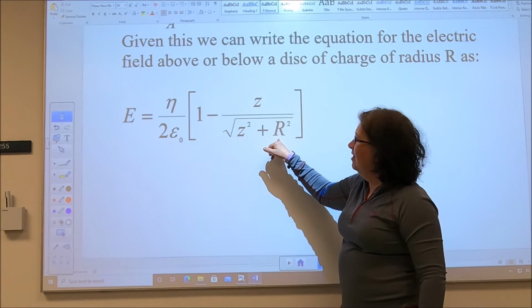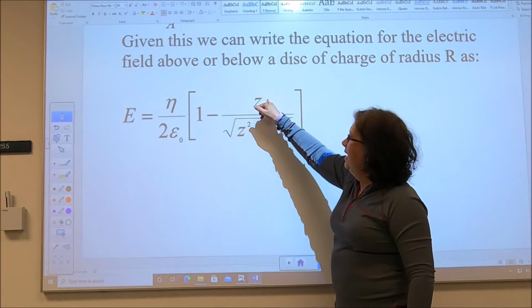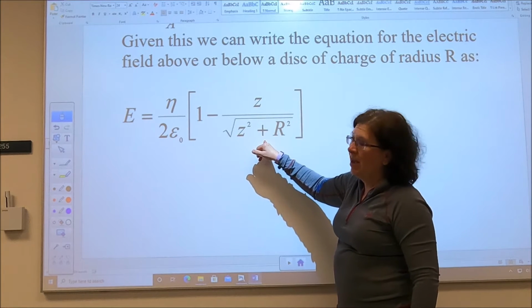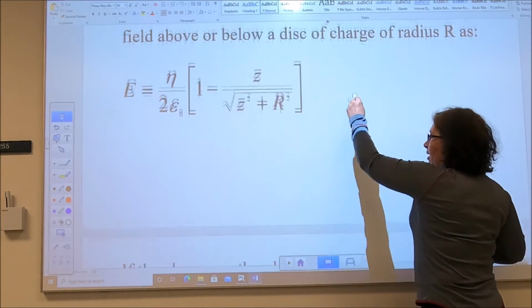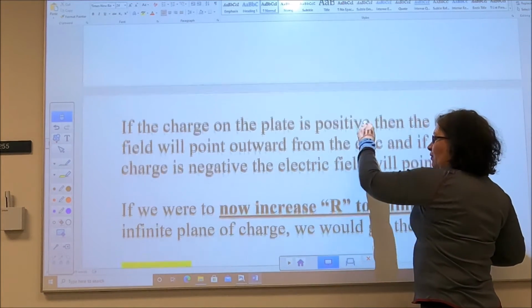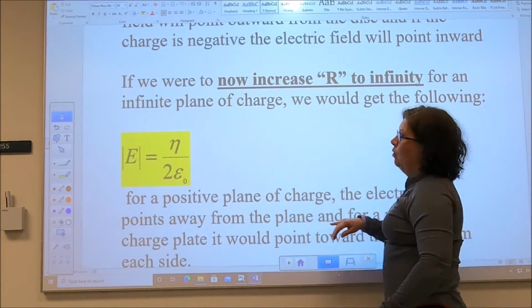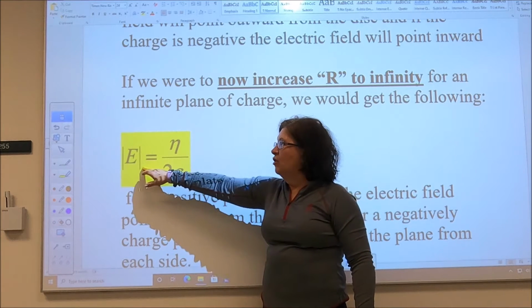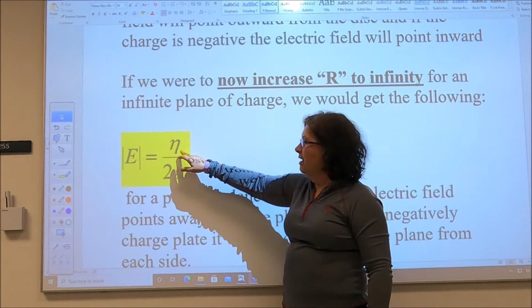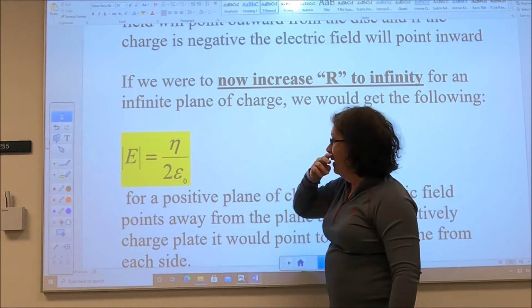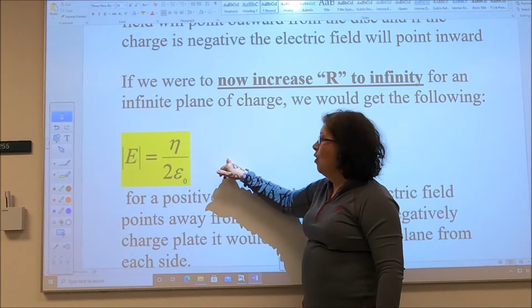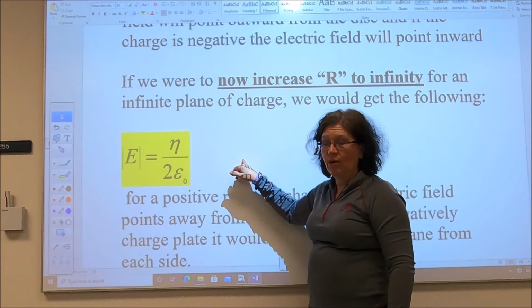Now as R approaches infinity, Z over infinity becomes 0, and all of this disappears. For an infinite plane of charge, the magnitude of the field is equal to eta over 2 epsilon 0. Now notice that there's no Z in here.